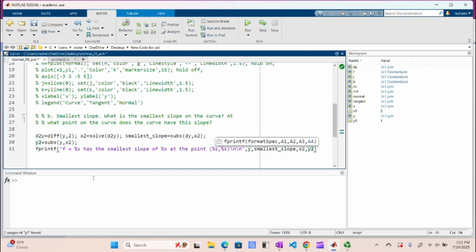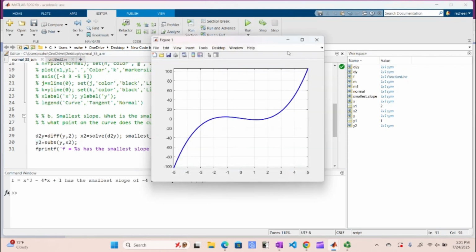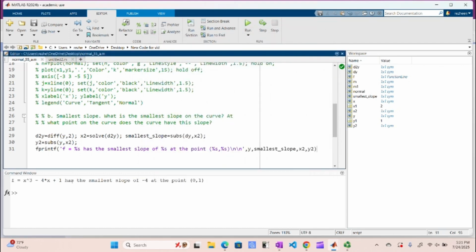Let's run this and see what we get. It says f equals, the function has the smallest slope of -4 at the point 0, 1. So the smallest slope is a negative value, and it occurs at the point 0, 1.